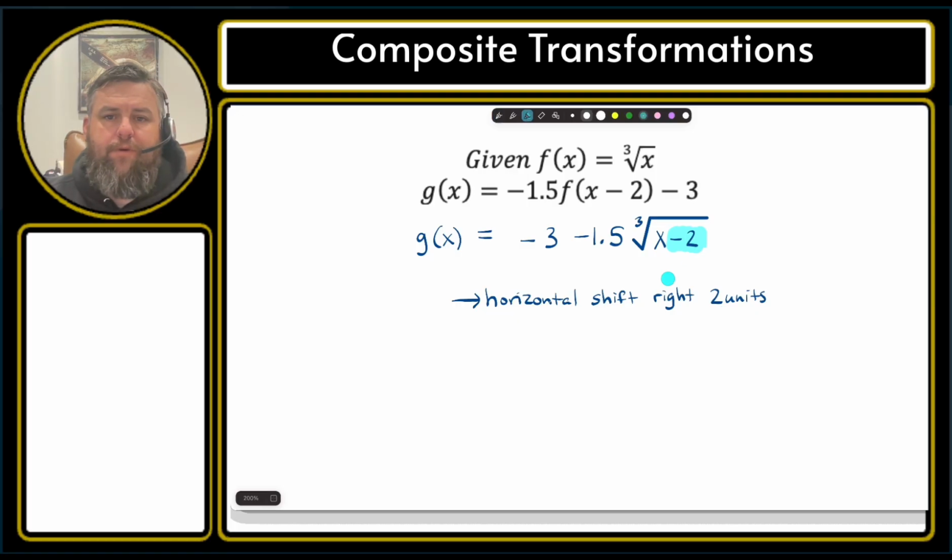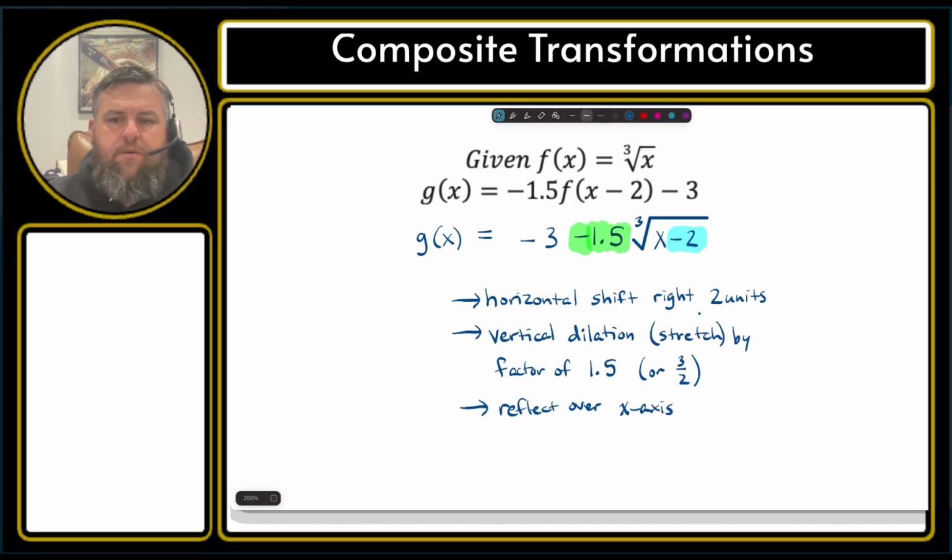Next, we're going to look for any vertical or horizontal dilations. I have a vertical dilation of 1.5 and it's a negative. So this is going to tell us that it's going to reflect. So it'll be a dilation or stretch by a factor of 1.5 or 3/2, and it will reflect over the x-axis.